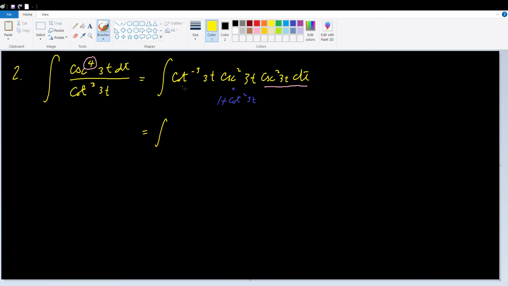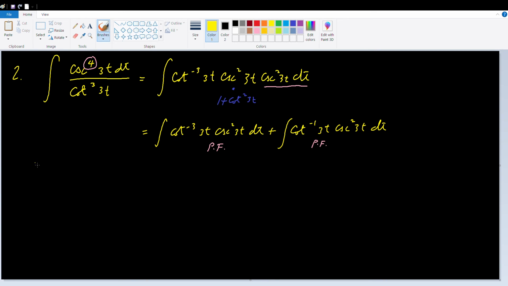So cotangent to the negative 3 3t times 1 is cotangent to the negative 3 3t cosecant squared 3t dt plus cotangent to the negative 3 times cotangent squared will give us cotangent to the negative 1 3t cosecant squared 3t dt.